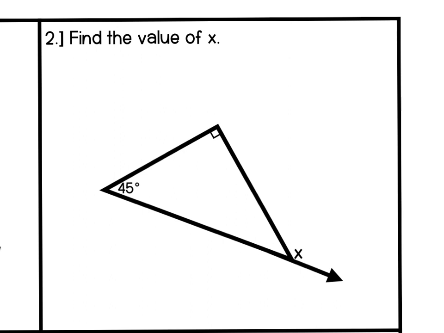Okay, for my second example, I'm going to find the value of X, which happens to be my exterior angle. So the first thing I need to do is figure out what this little square means. And you should know by now that this square means that this angle is 90 degrees. Well, I have my two interior non-adjacent angles. So 45 and 90 are not next to my exterior angle.